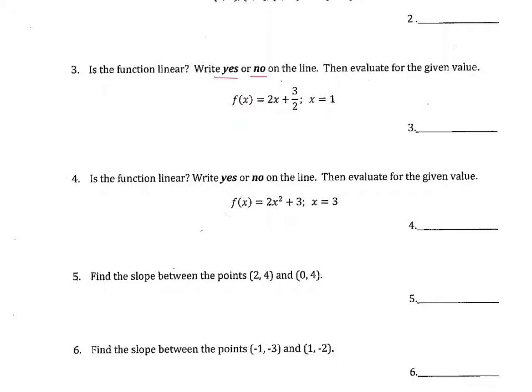For example, in this one, you're going to plug in 1 for the x, and then you're going to solve. So over here on the line, we should have yes or no, and then also a numerical answer for this function. And remember, if it's a function, it's going to look like it is in y equals mx plus b or minus b format. Okay? Good luck.